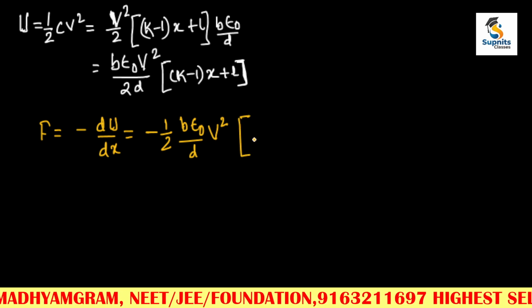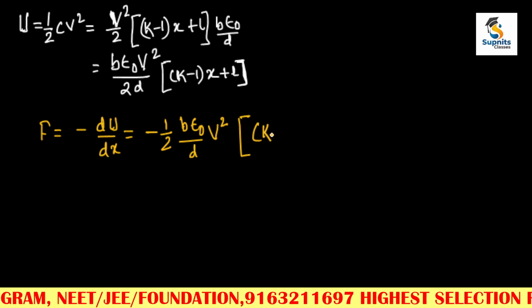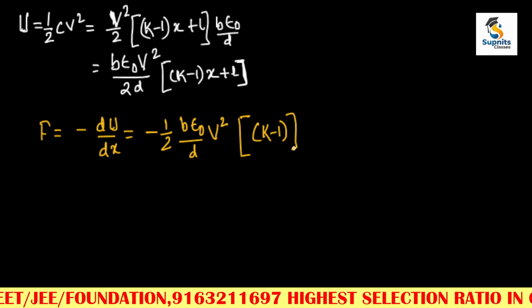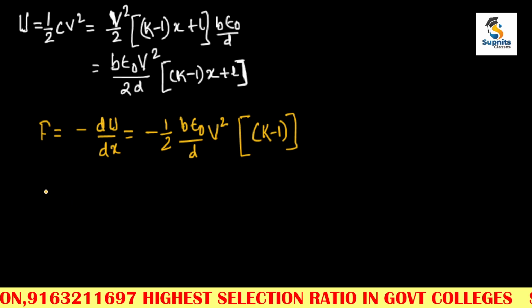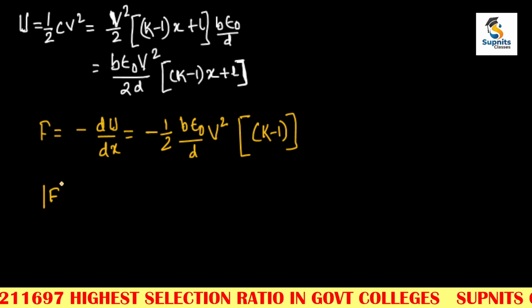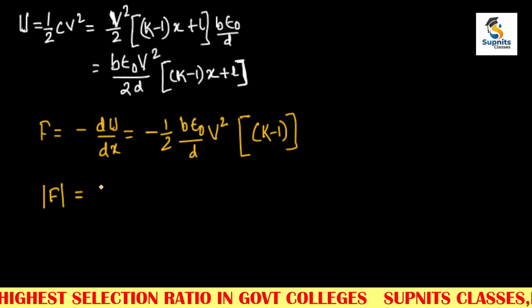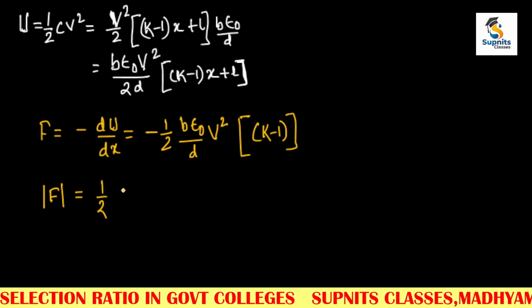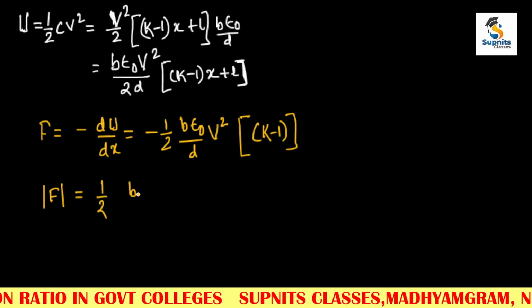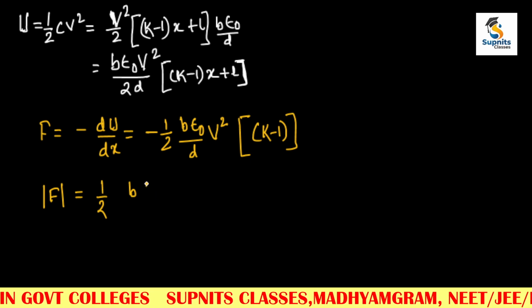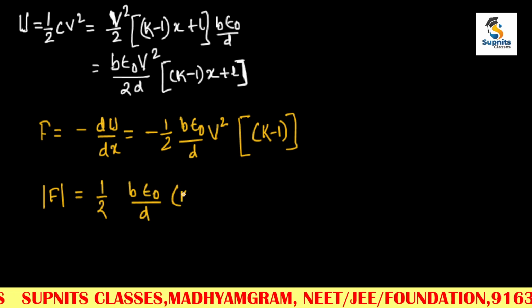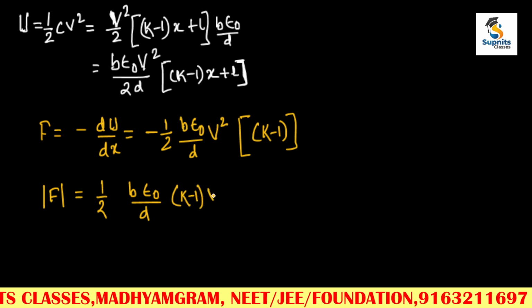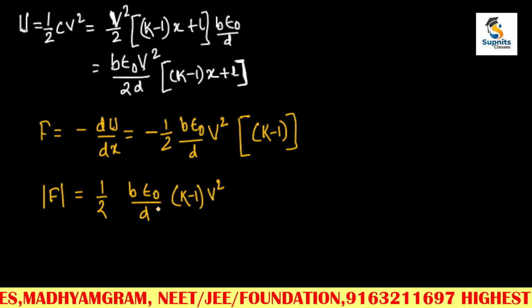The rest part will be only K minus 1, since L is a constant term, it vanishes. If I want the magnitude of the force, it will be only half B epsilon naught by d (K minus 1) V square.